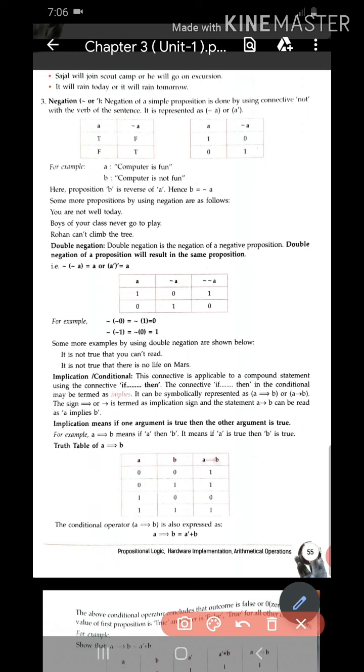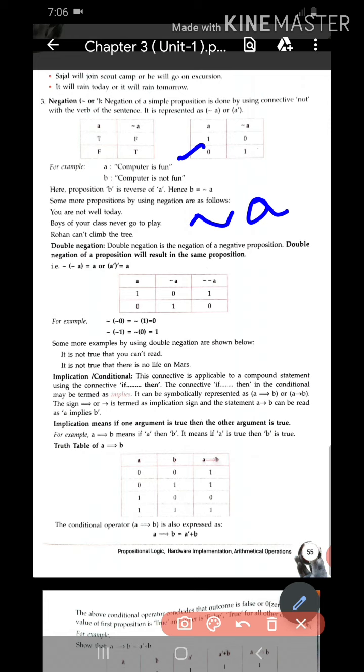See, if I'm writing "computer is fun" in A and we are having one statement that is tilde, it means we have to negate that sentence. How are we going to negate that sentence?